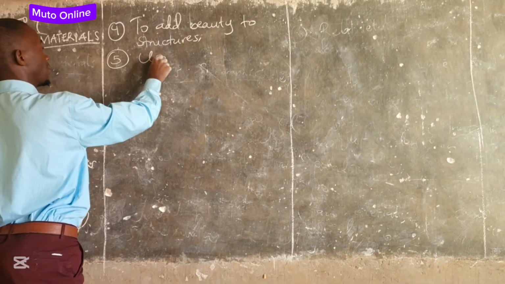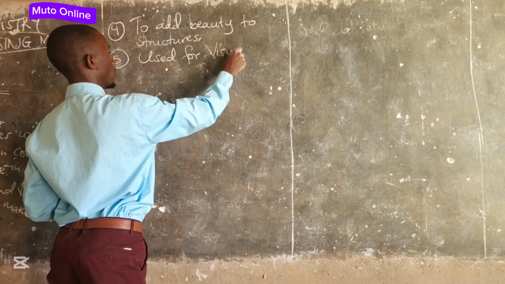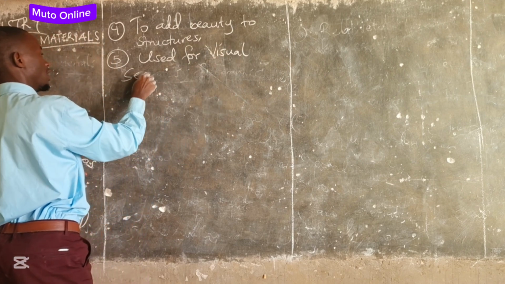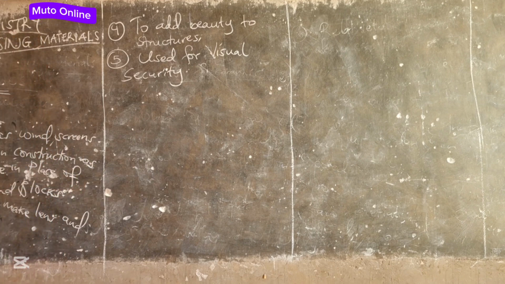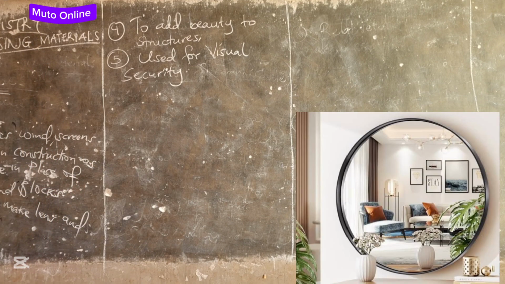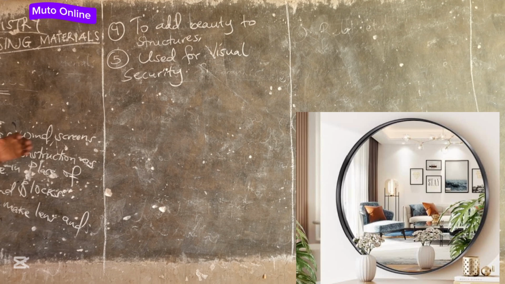Used for visual security. We've ever visited places where you can see outside when someone outside cannot see you. So there are very many other uses of glass. We cannot finish them.